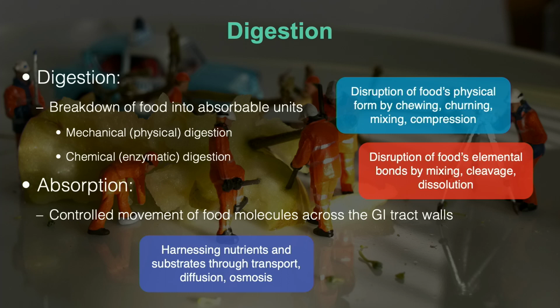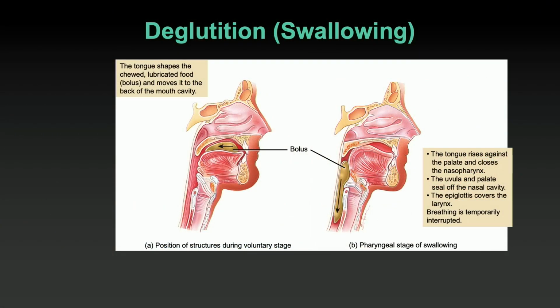Let's start our trip through the system bypassing a couple major points. We're not focusing so much on tooth structure, the hard palate, nervous innervation of the jaw or muscles of mastication.